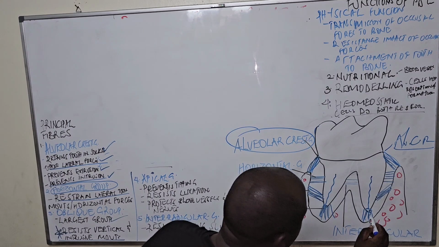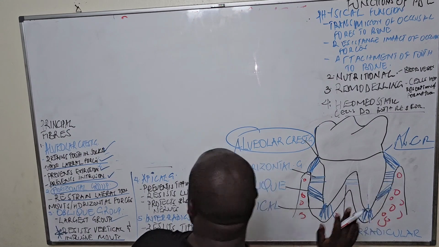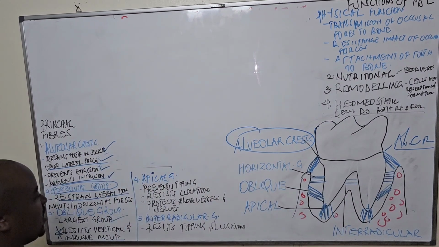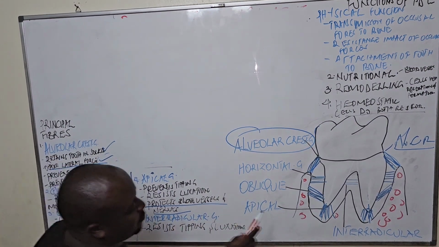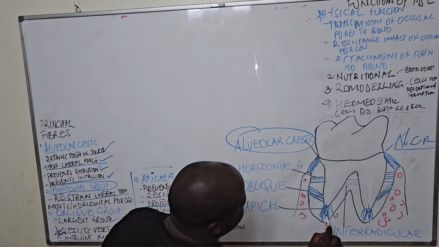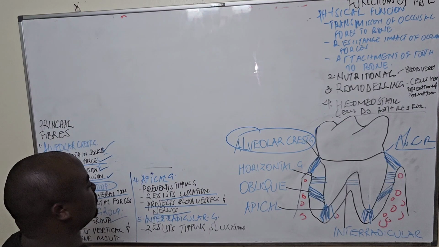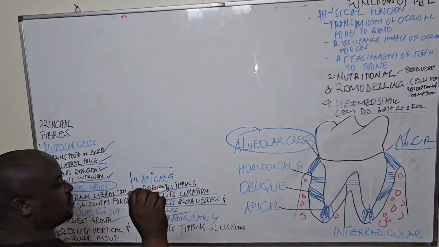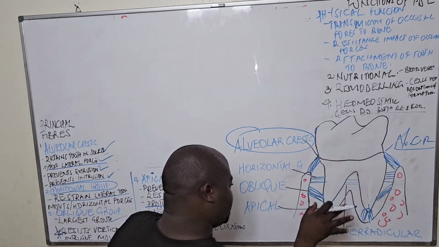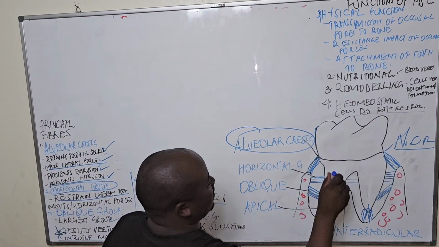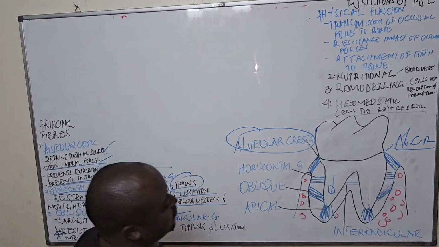An obvious importance, before I forget, is protecting blood vessels and nerves around here. It resists luxation. Prevents tipping. Because they are strong, they prevent the tooth from that movement, what we call tipping.